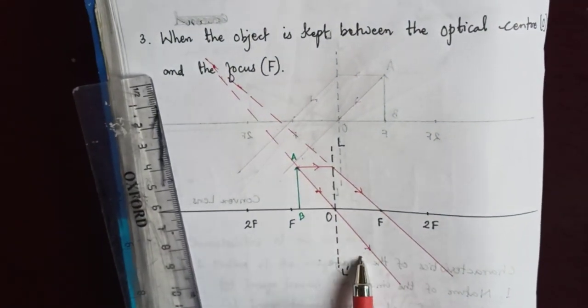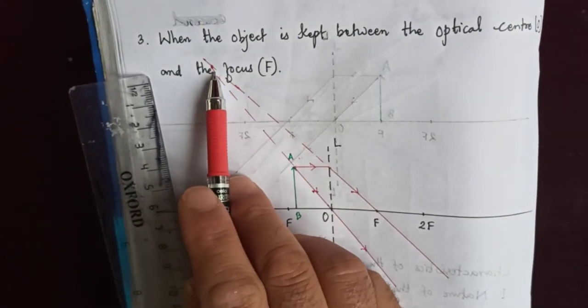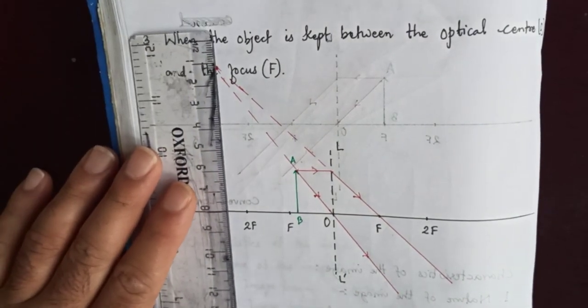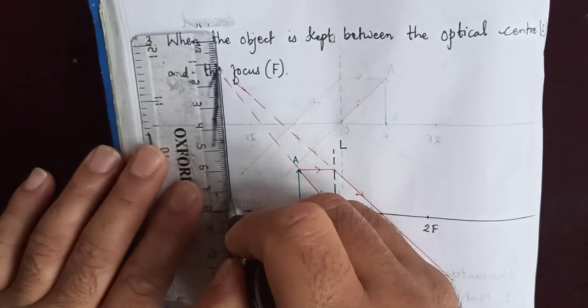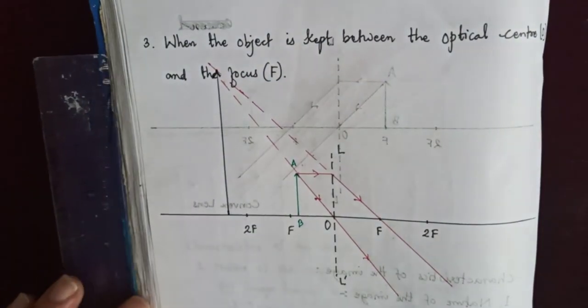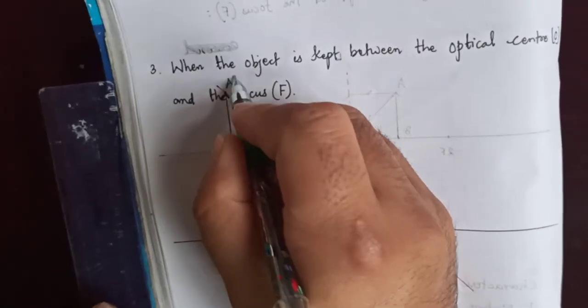These refracted rays, when produced backward, they appear to meet here. Therefore, the image will be formed here. So this is the image. So I'll mark the image as A dash, B dash.